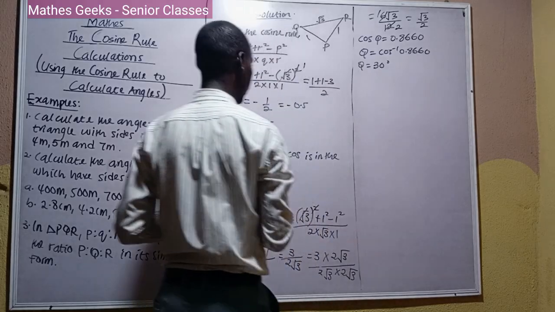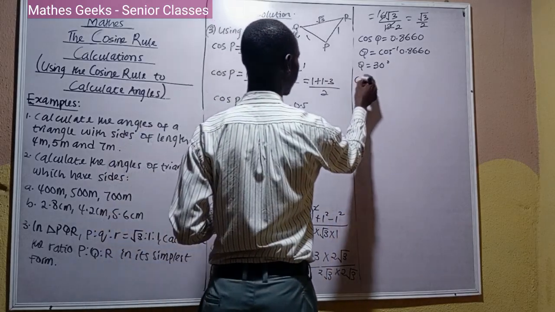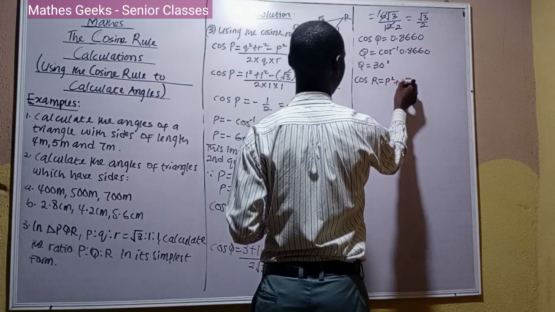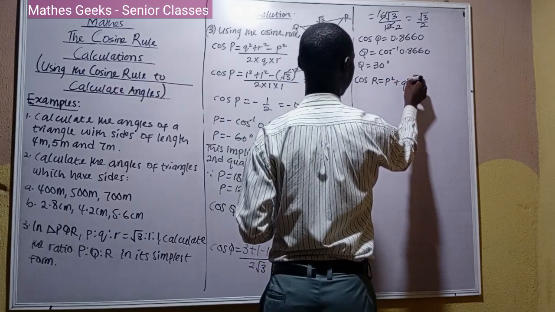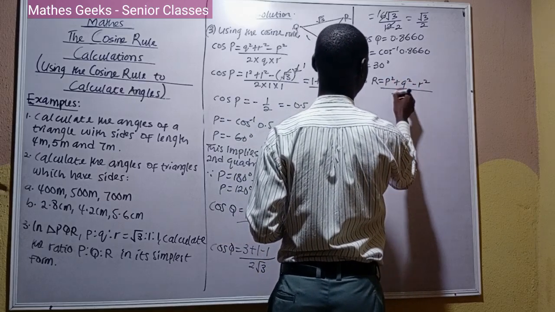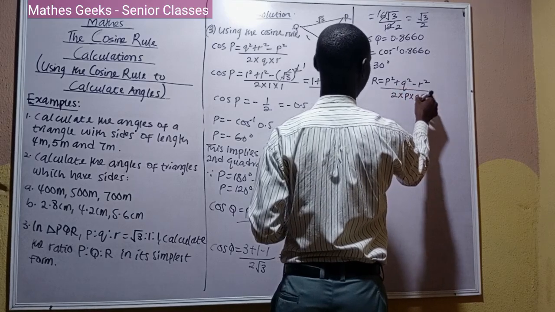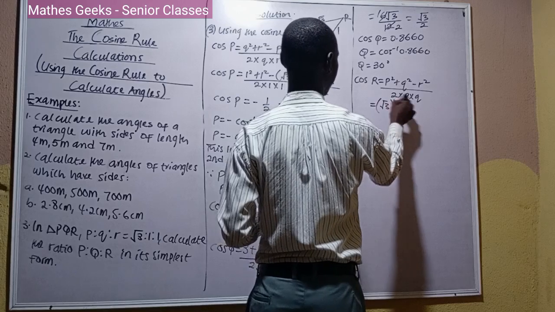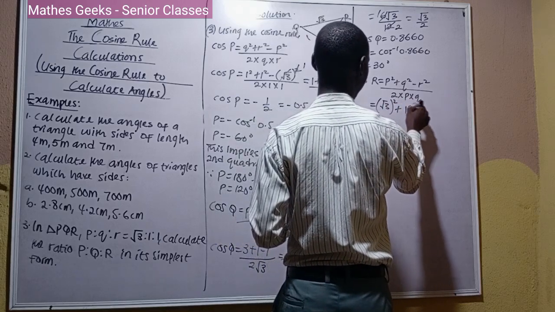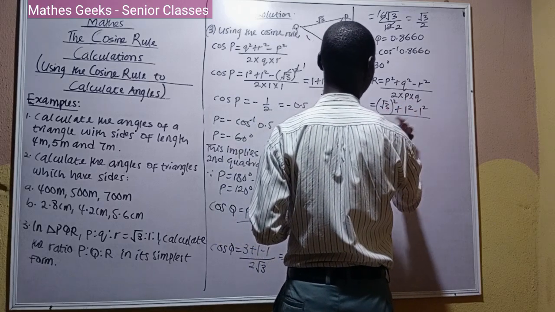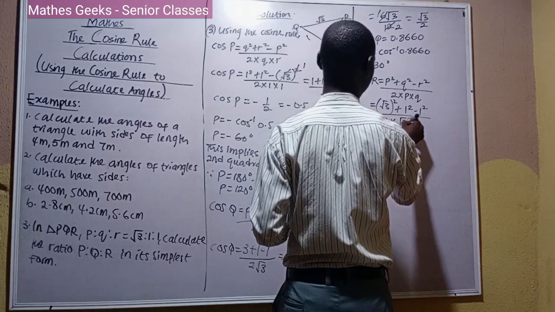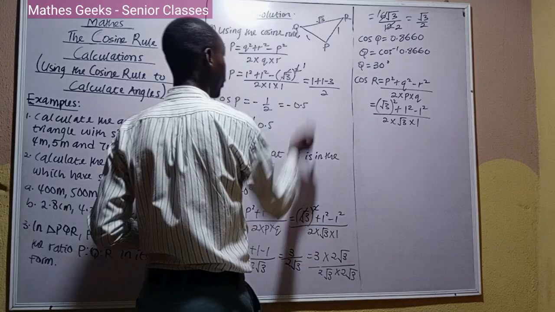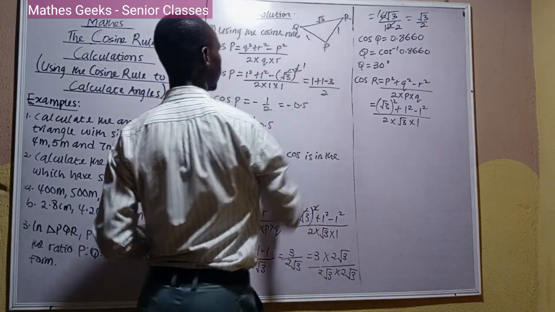So let's get cos R. Cos R is equal to P squared plus Q squared minus R squared over 2 times P times Q. So P squared is root 3 squared plus 1 squared minus 1 squared over 2 times root 3 times 1. Similar to what we did here, because of the same length of sides.